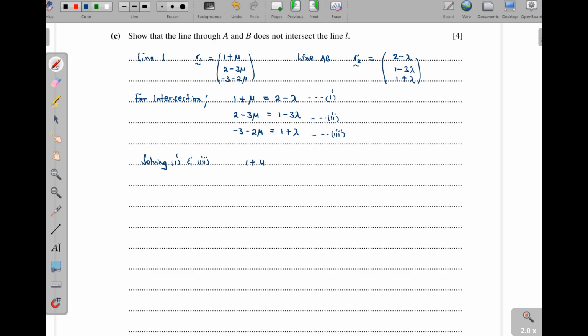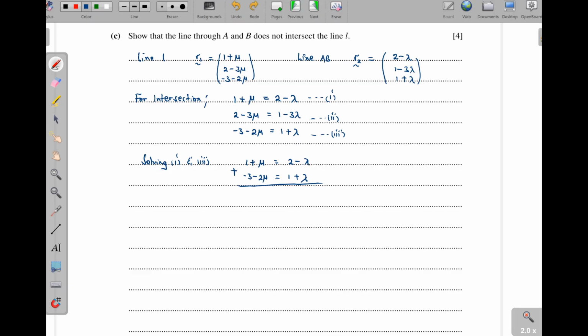So if I add these two, I can see lambda going, because this one's a minus, this one's a plus.